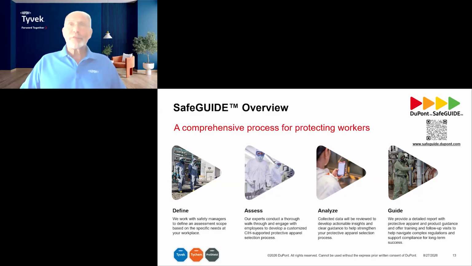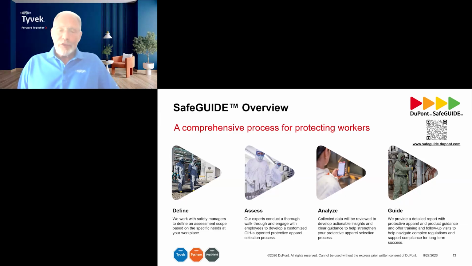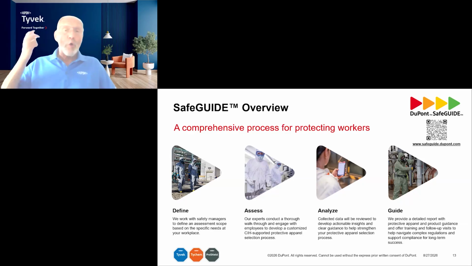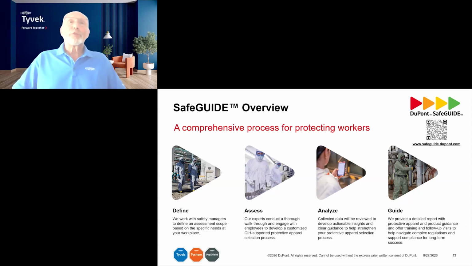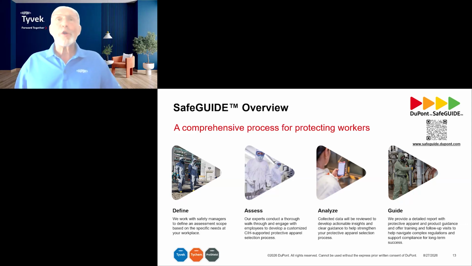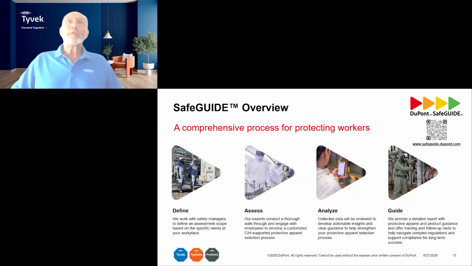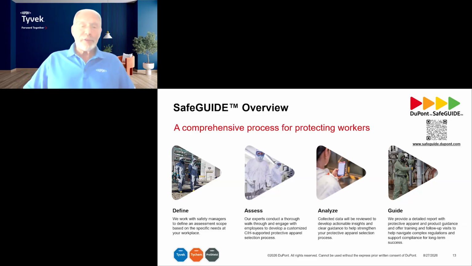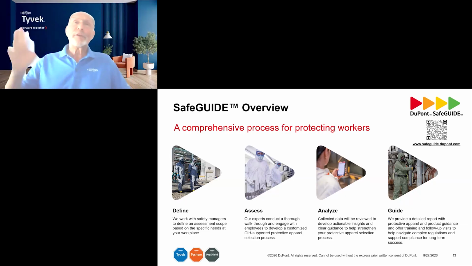For more complex assessments, a CIH team member will join the DuPont rep in the field to perform the site assessment. In both these cases, the result is a customized report providing guidance on the available DuPont protective apparel based on the site assessment, as well as the opportunity to access various other follow-on support.